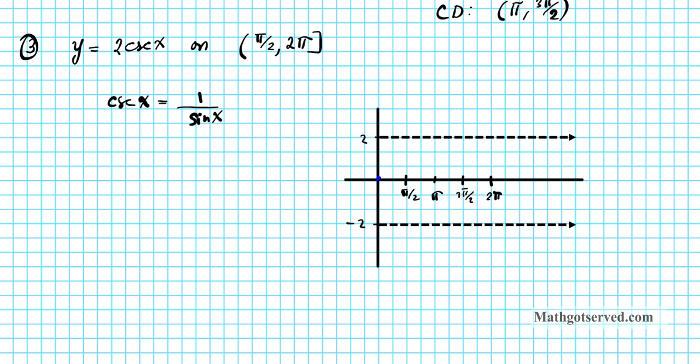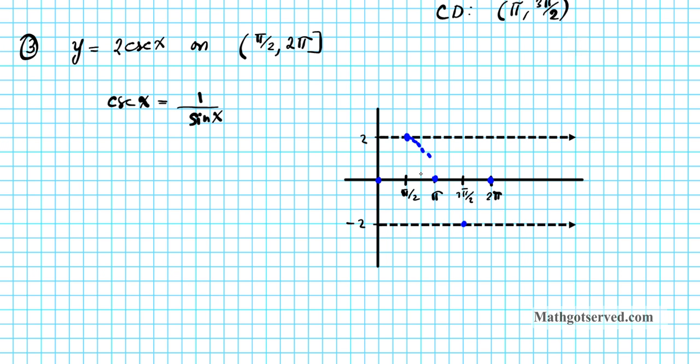Sine starts from the center, and then to the max, to the center, to the min, back to the center. Okay? Let's go ahead and sketch the sine curve. We're going to be going from pi over 2 to 2 pi. All right?